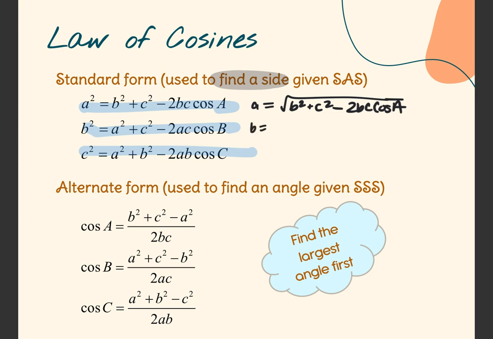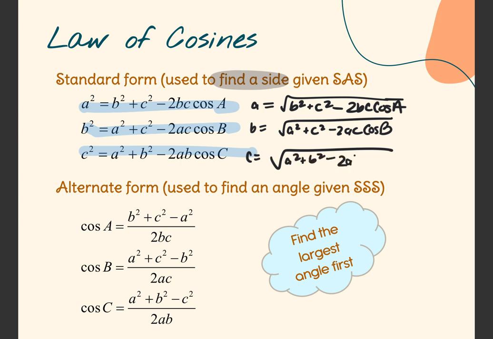So if I'm trying to find B, it would be A squared plus C squared minus 2AC cosine B. And if I'm looking for C, C would equal the square root of the other two squared and summed, so A squared plus B squared minus 2AB cosine of C. So the pattern is you square the other two sides and add them, then subtract 2 times their product times the cosine of the letter that matches what we're looking for. And that's when you're given side-angle-side.